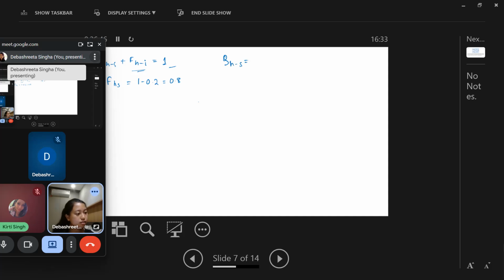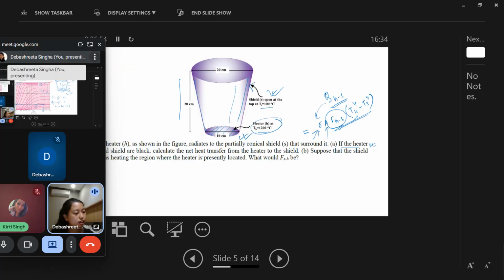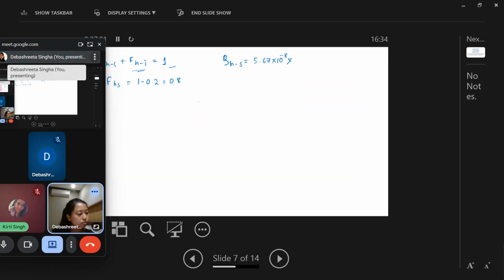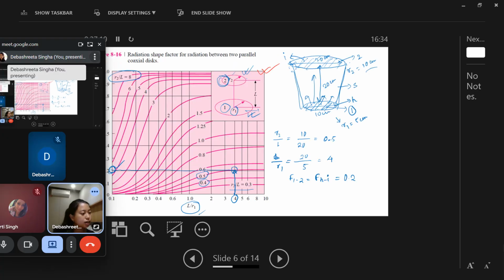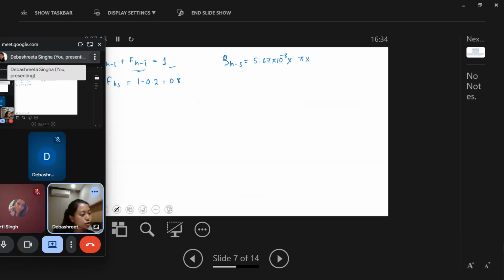This is sigma A FHS. Sigma is 5.67 into 10 power minus 8. And A is the area of the heater. We have asked for the heater, right? So area of the heater is pi d square by 4, since it is a circle, where d is the diameter, which is 10 centimeter, that is 0.1 meter.